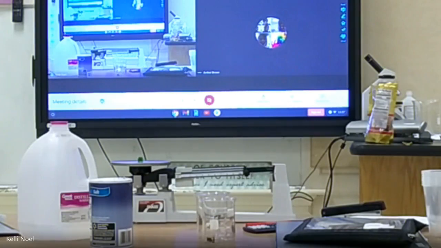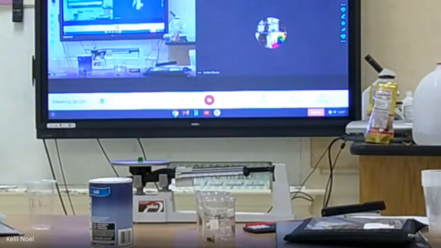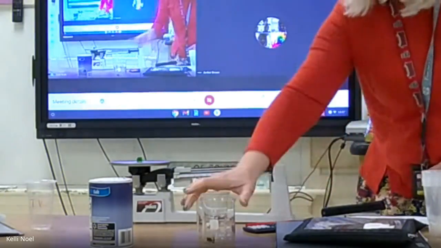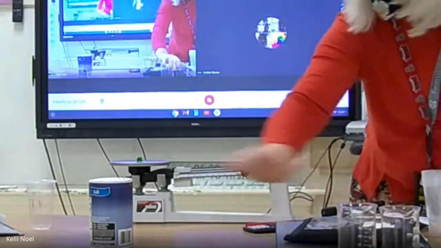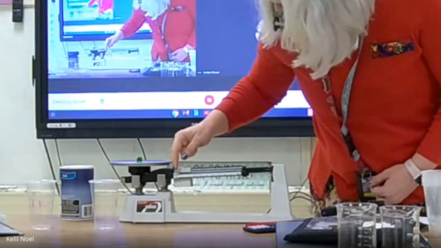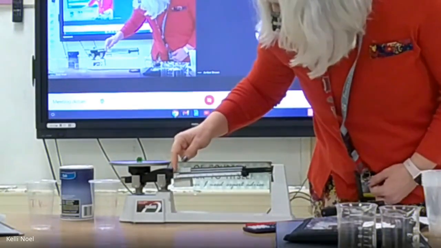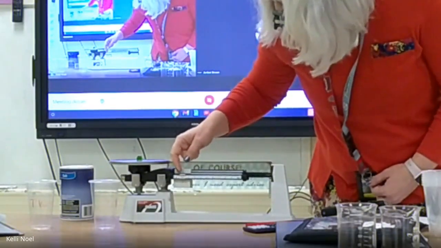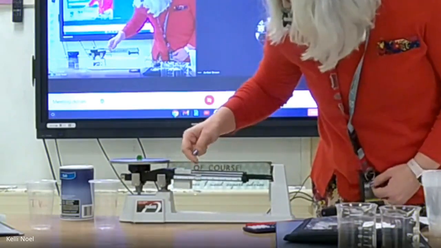So when you're using the triple beam balance, make sure everything is on 0. You're going to start moving the smaller one, because these are gummy bears, they're not that heavy.